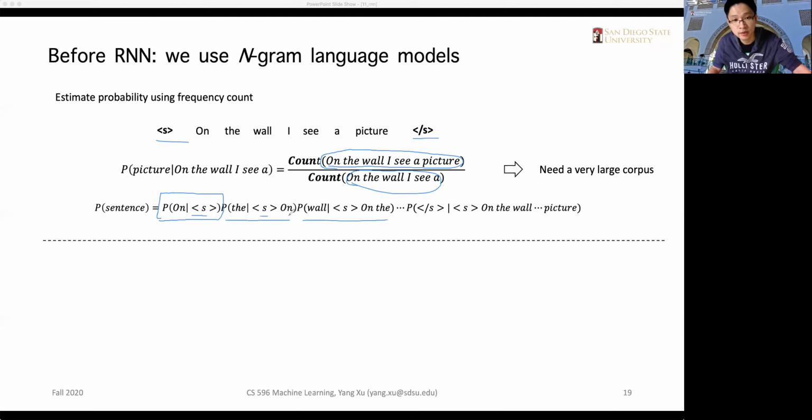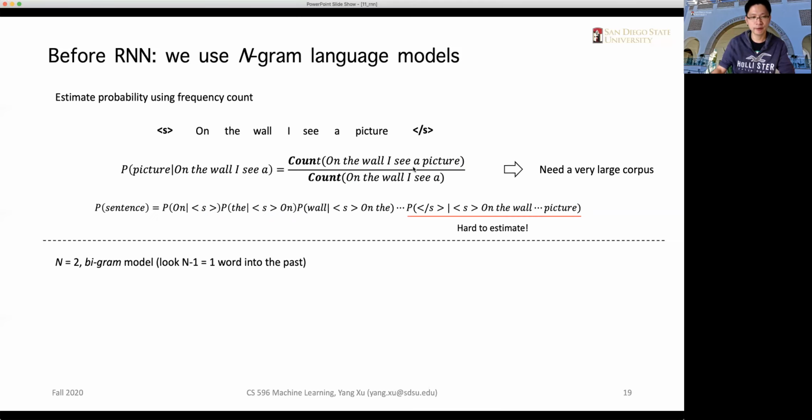As you can see, the context actually grows, and the last probability actually relies on all the previous words. So in practice, this very long context is not feasible, because for long sequences, it's not likely that we can observe the occurrence more than twice. So we need to use some way to approximate the context, because it's too hard to estimate.